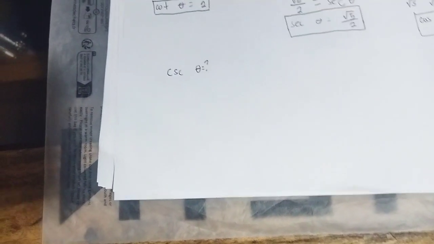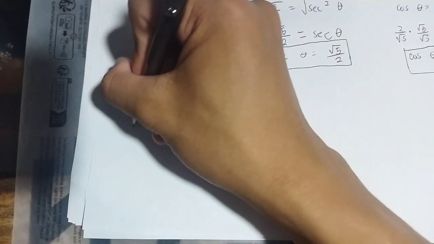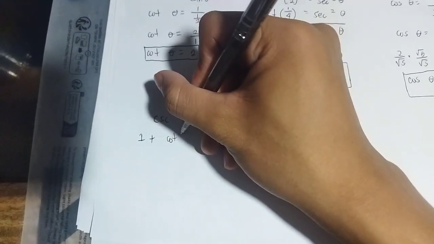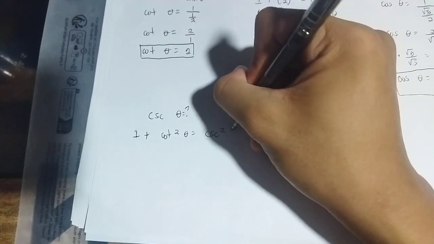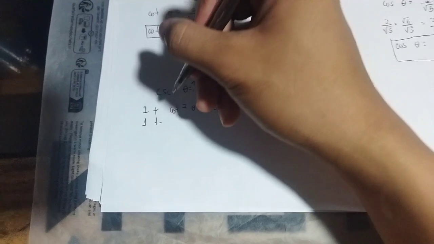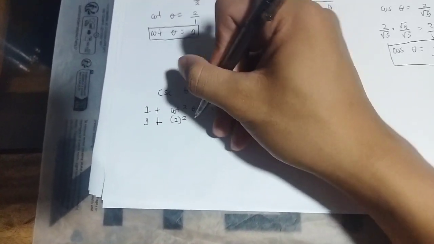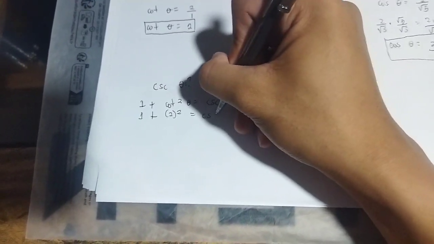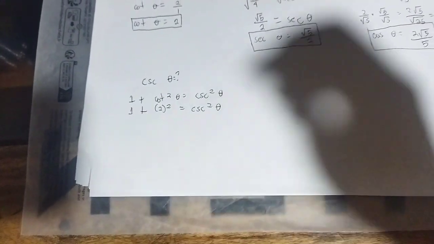So in cosecant, we use Pythagorean identities. So we have 1 plus cotangent squared theta is equal to cosecant squared theta. So we substitute, so we have 1 plus 2 squared is equal to cosecant squared theta. Then copy.